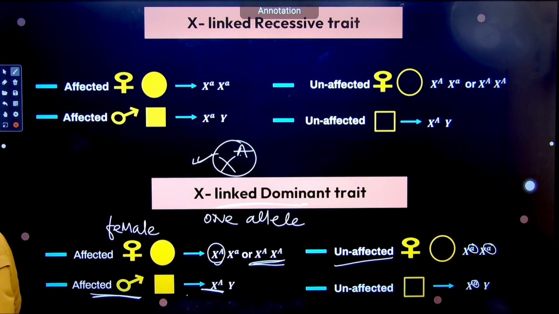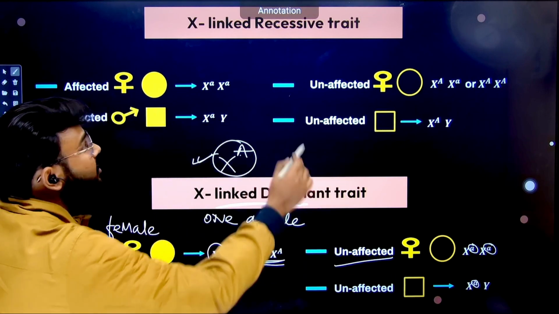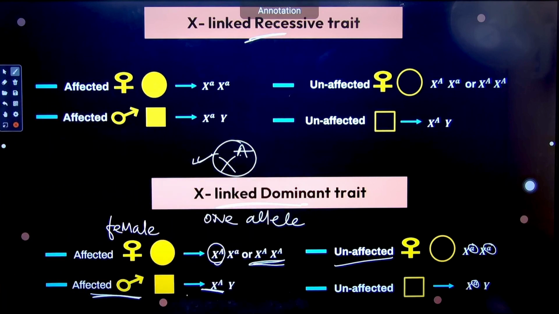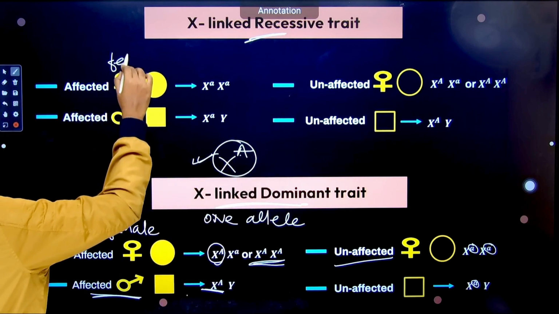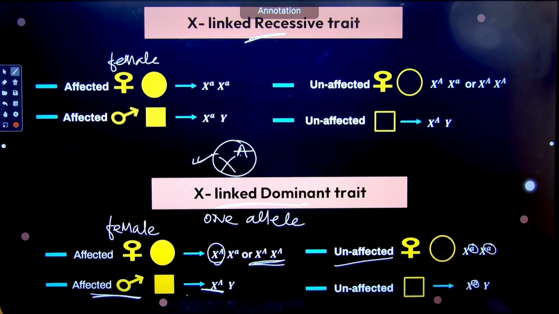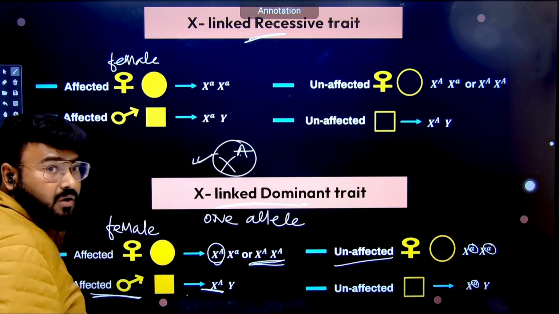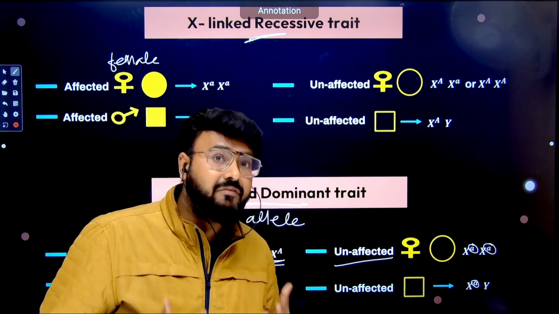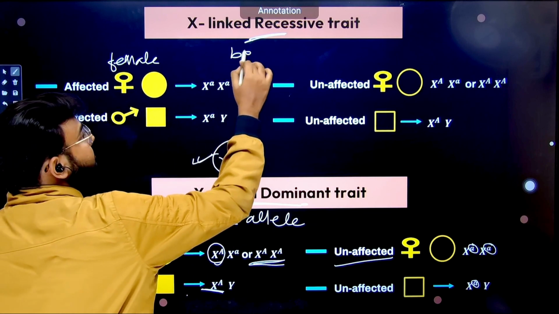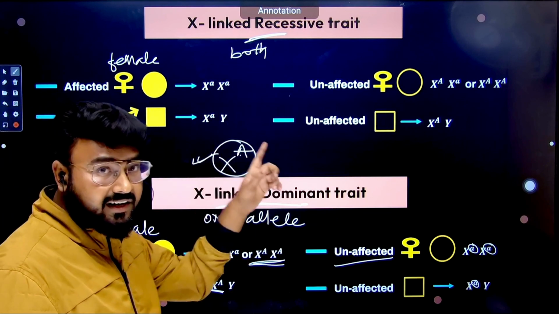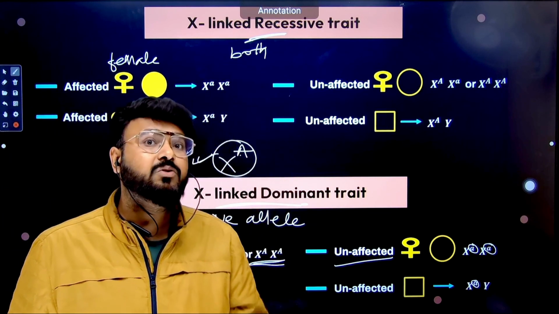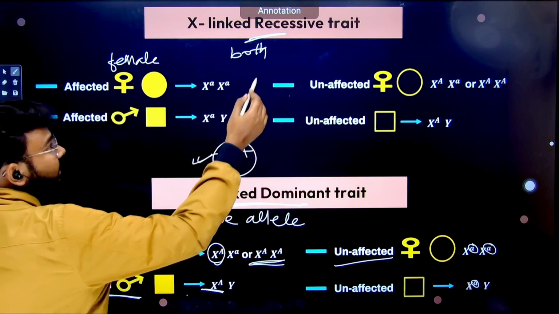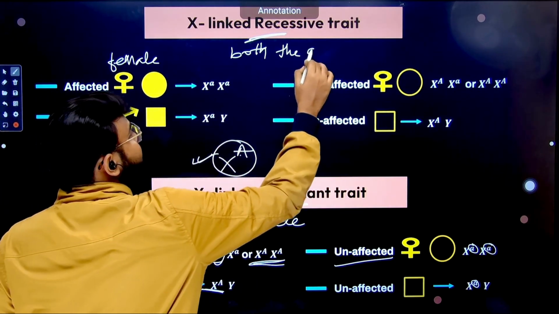Now we will talk about the X-linked recessive trait. In the case of an affected female, for causing the effect we require both recessive alleles, because it is not a dominant trait where one allele is enough to express the character. So here we require both alleles.